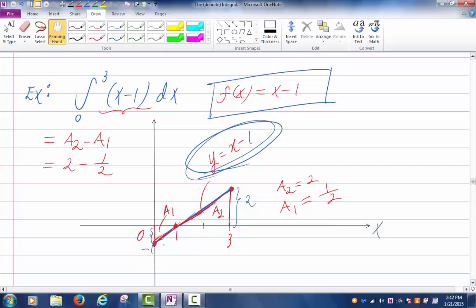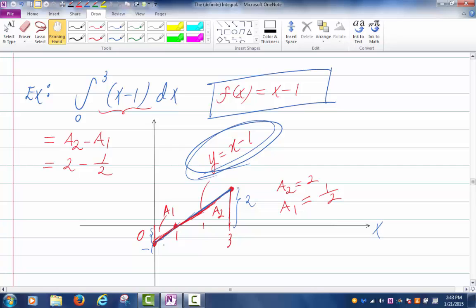Okay, what is A2? A2 is a triangle, so the base is 2, the height is 2, right? Half times base times height gives you the area. So the area of this triangle is 2. The area of this triangle is what? The base is 1, the height is 1, so half times base times height.